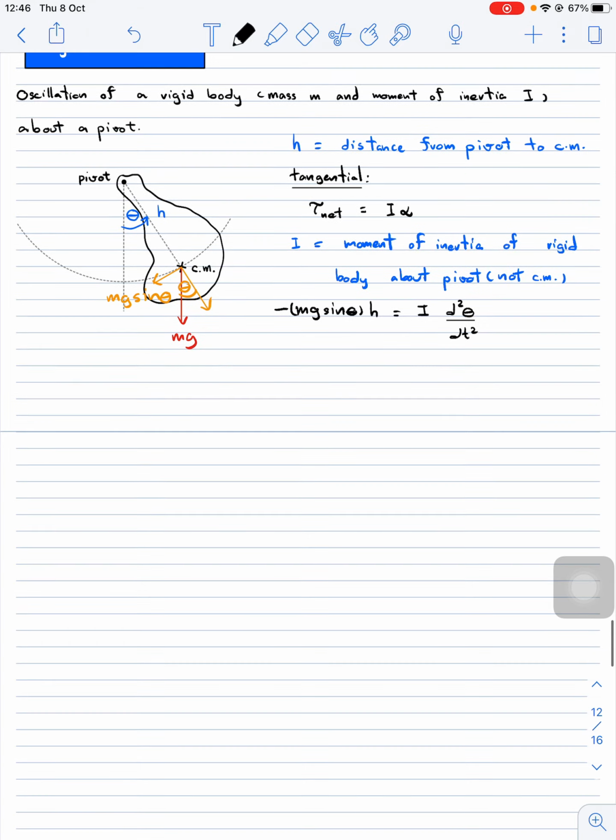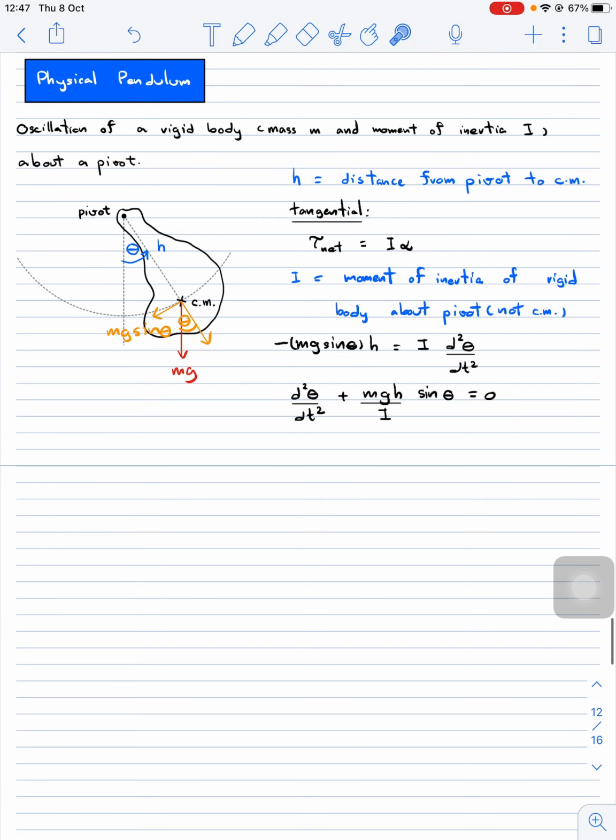Now we can rearrange the equation. We have d squared theta over dt squared, plus mgh over I times sine theta, equal to 0.